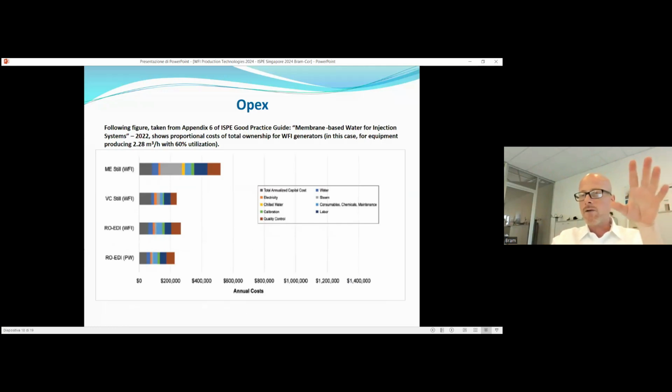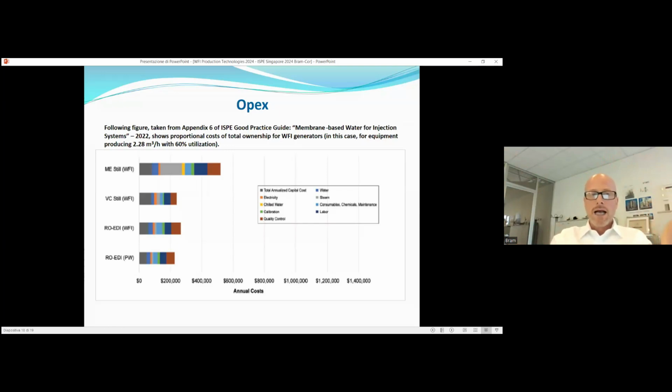It includes more or less everything: the annual capital cost, the electricity, the chilled water, the calibration of the instruments, the internal quality controls, the water, the steam, the various consumables required for the machine itself, chemicals, maintenance, etc., and the labor cost.